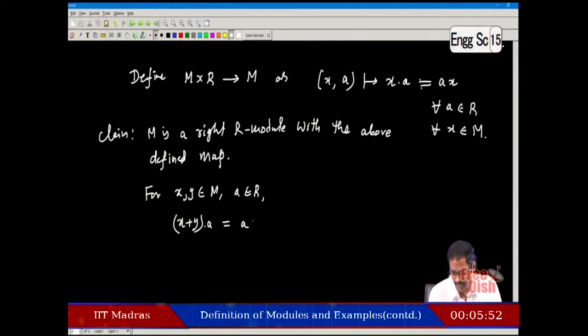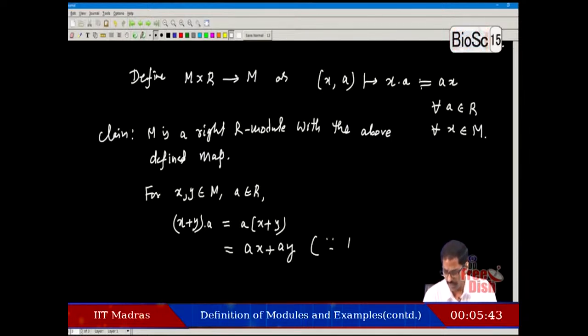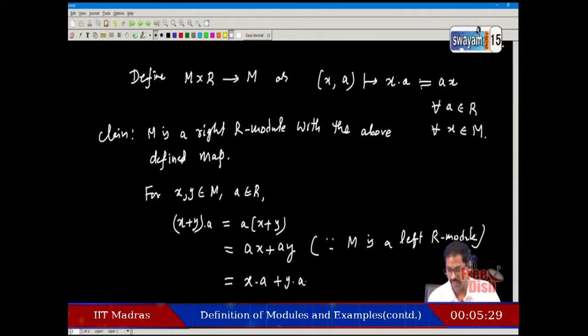According to our definition, this is a times (x plus y). Then this is ax plus ay, since M is a left R module, and this is equal to x dot a plus y dot a, according to our definition of the new scalar multiplication.